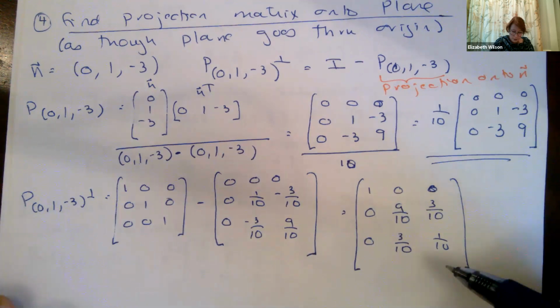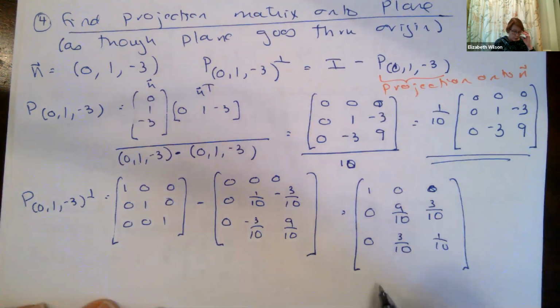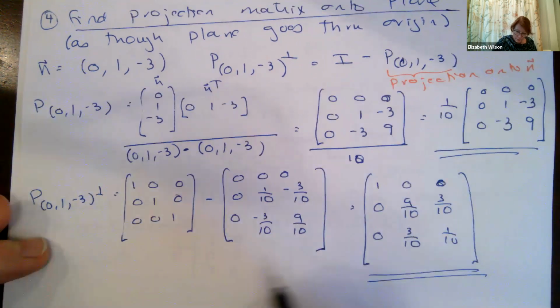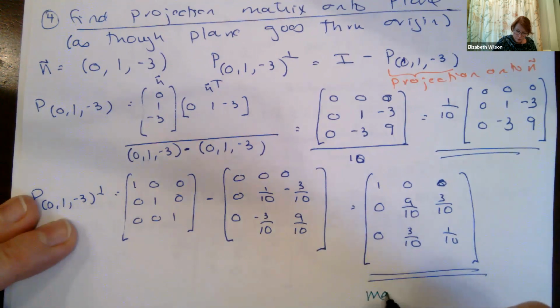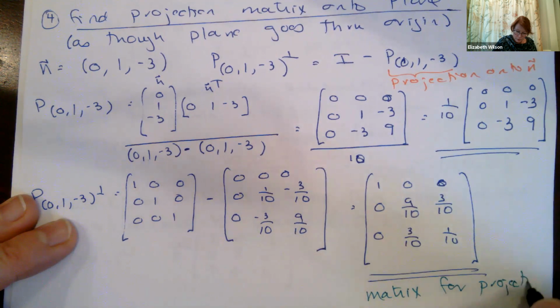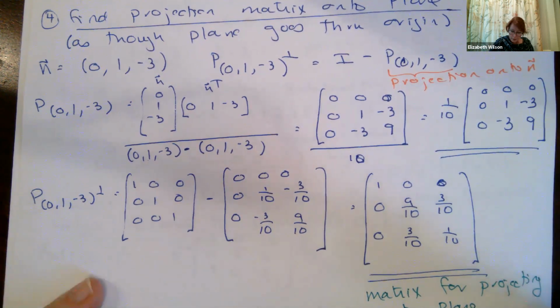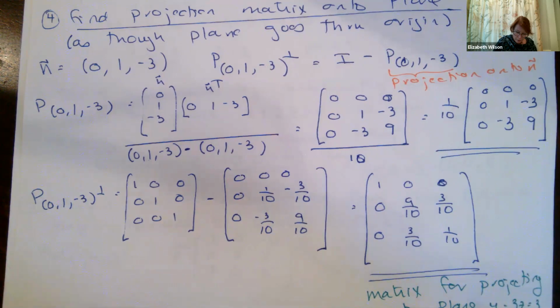So this is our projecting onto the plane matrix. This is the thing that I need to project onto the plane. Let me write that down in a different color. Matrix for projecting onto the plane, which was given by y minus 3z equals 3. So this is with normal equal to 0, 1, -3. So it looks like this, right?